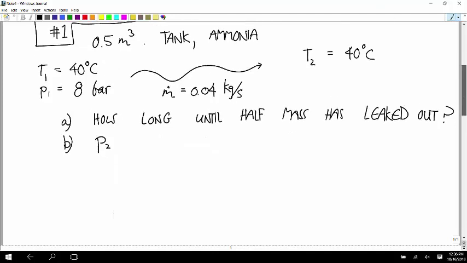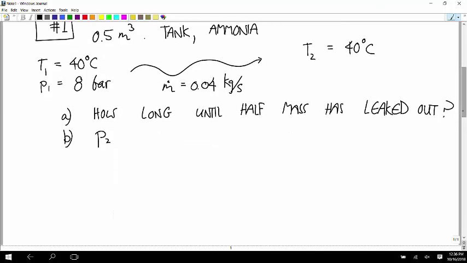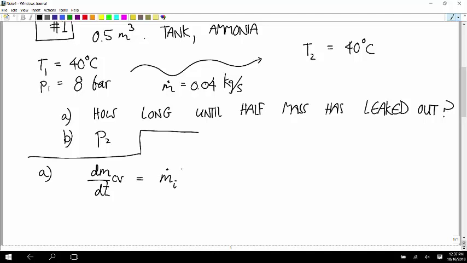All right, so what do we know? It's in the conservation of mass section. So we know that the rate of change of mass in the control volume is equal to the rate of mass coming in minus the rate of mass going out.